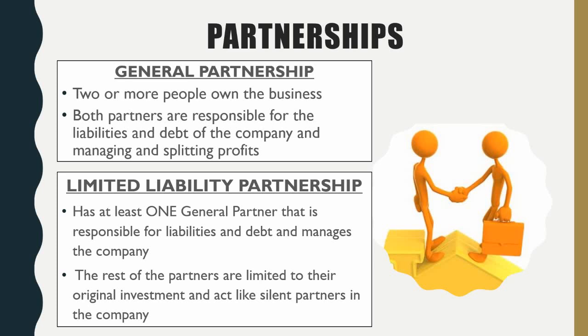So again, in most cases when you do end up being a sole proprietor and you are looking for someone to act as an investor to make your ideas branch out, most cases you do end up becoming a limited liability partnership, okay? All right, but that is the difference between the two.